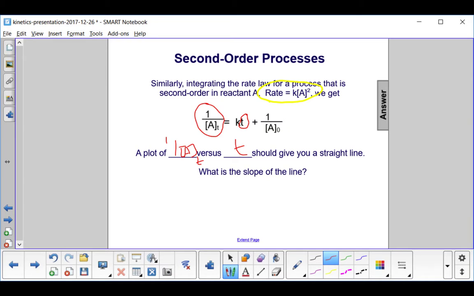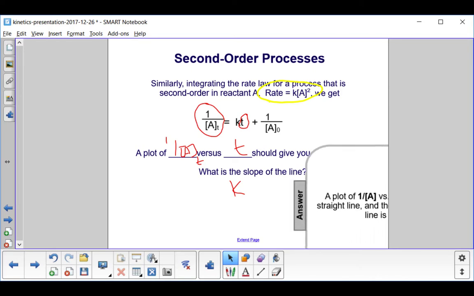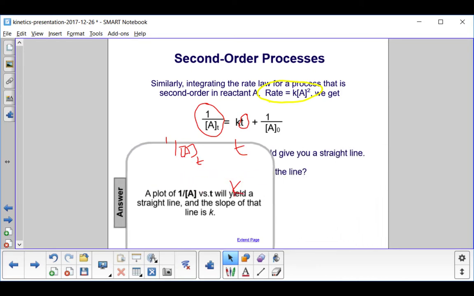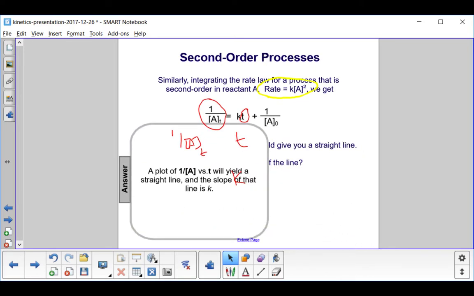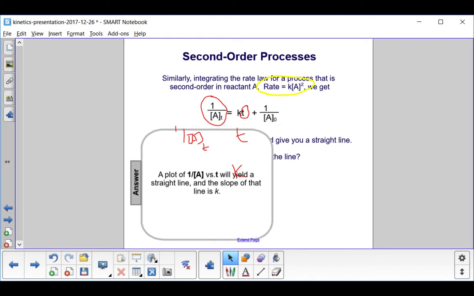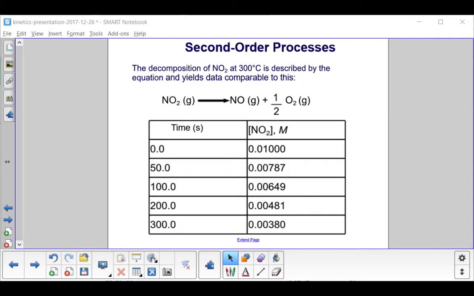And then, of course, 1 over [A]0 is the y-intercept. And the slope of the line is k. So we'd expect a positive slope there, different from a first order process. So a plot of 1 over concentration of A versus t will yield a straight line, and the slope of that line is k.